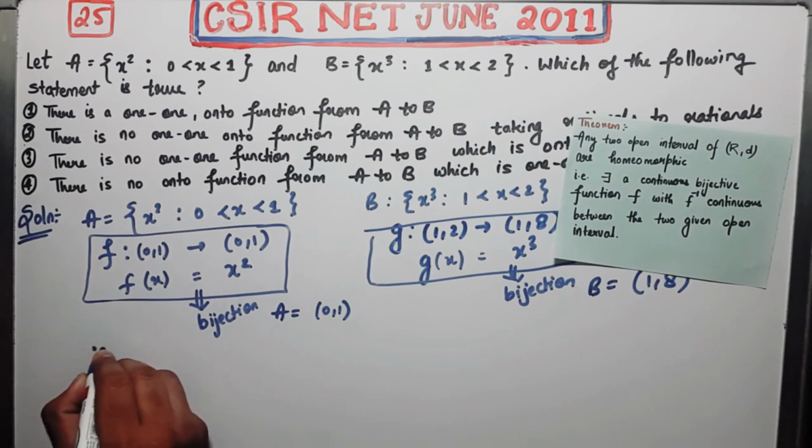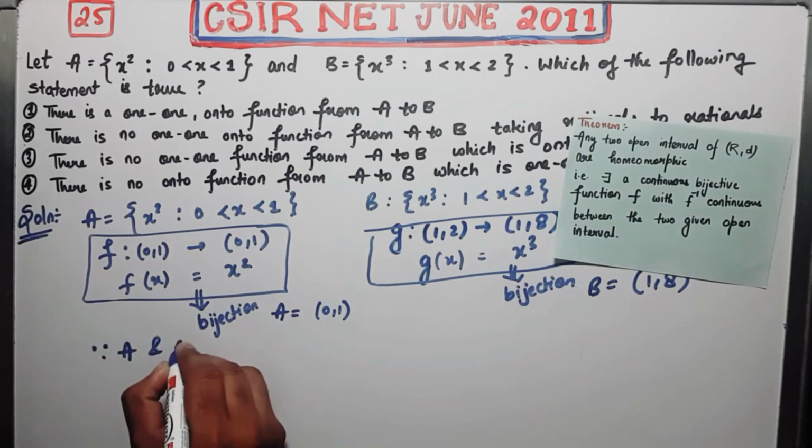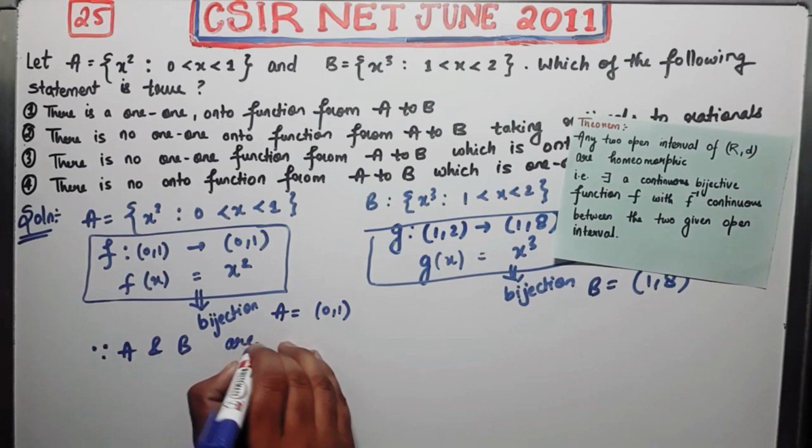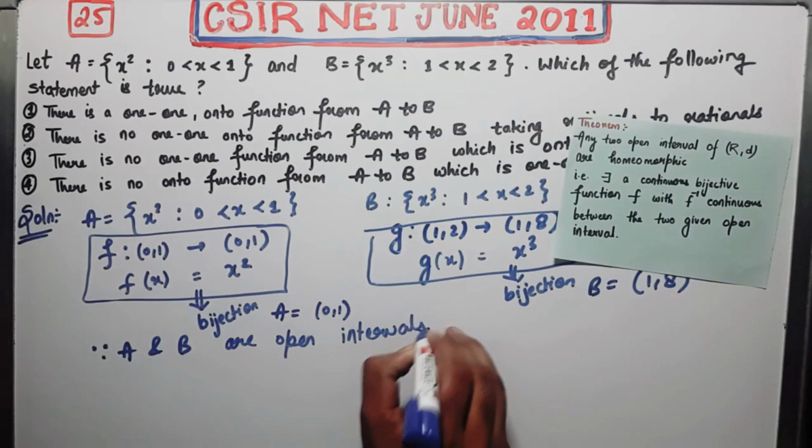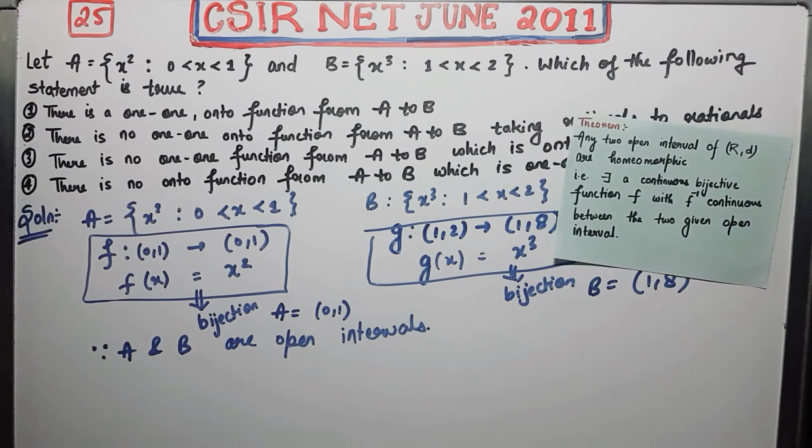So since A and B are open intervals, what does that mean to you? It means there will exist a bijection. I am going to show you exactly what that bijection is. Let me erase the previous one.